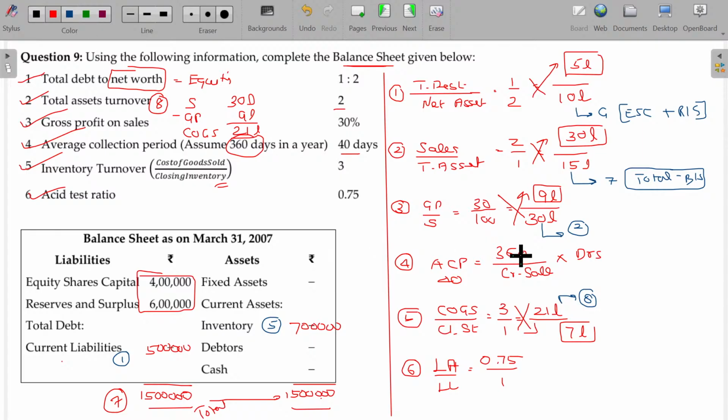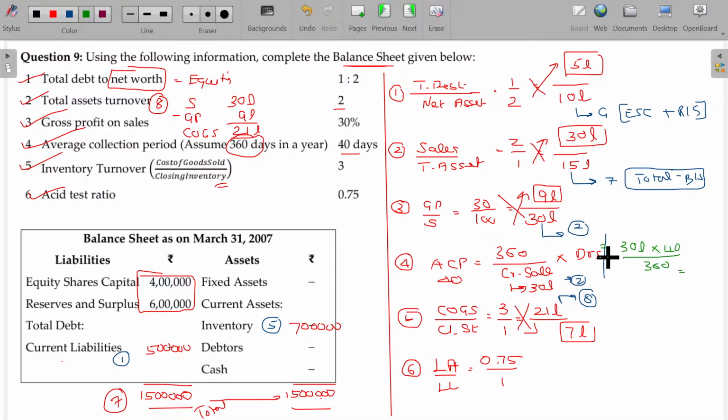Here, we don't know the credit sales, so the total sales is assumed to be the credit sales here. We got the credit sales value, or sales value, from working note number 2. Now you can get the value. Debtors is equal to 30 lakhs into 40 by 360.